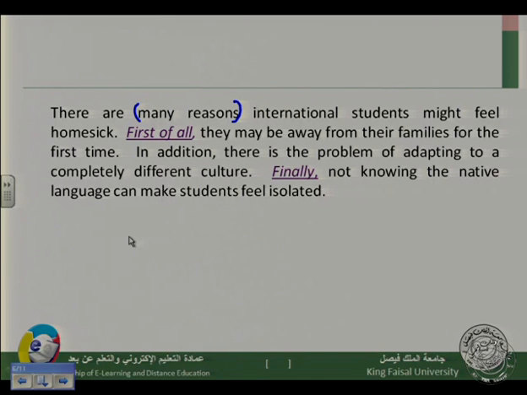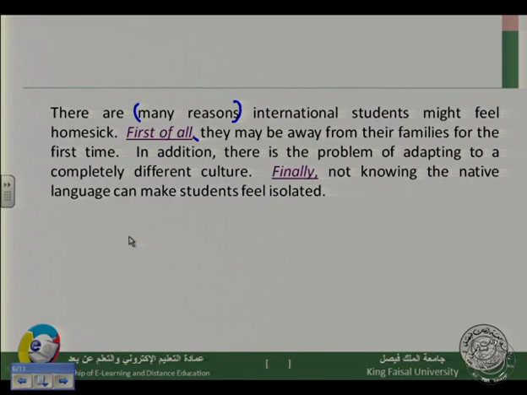Now, why is that? Then you said, first of all, and then first of all is followed, as you notice, by a comma. It's always the case that when you say first of all, you have to follow it by a comma. First of all, they may be away from their families for the first time.